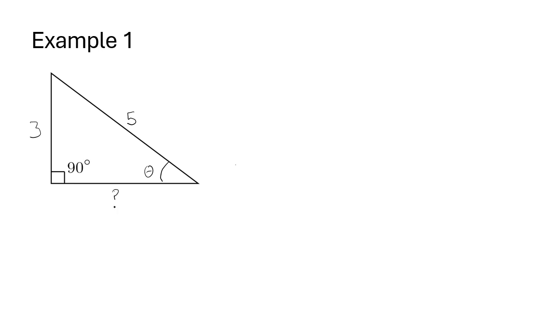Let's remember our Pythagoras theorem: this is C, this is B, maybe this is A. If you remember, C square is equal to A square plus B square. Then we have 5 square equal to A square, which we don't know, plus B square, that is 3 square.